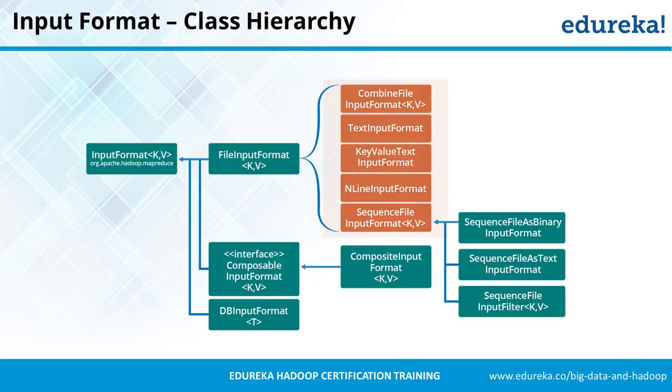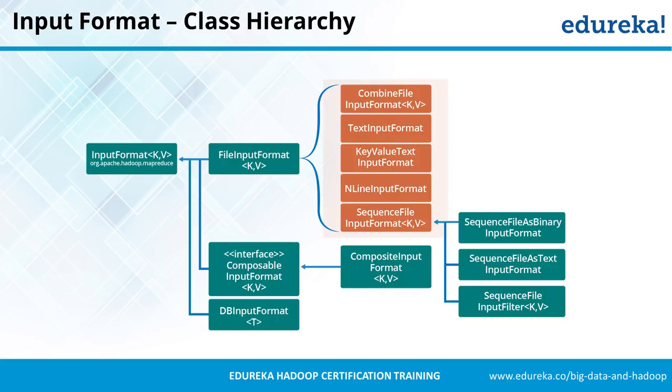This could be either of the data types that are supported by Hadoop, like int writable, long writable, and so on. Whereas DB input format has only one attribute, which is of type DB writable, which is nothing but reading data from a table from a database. Is it clear to you? Great.